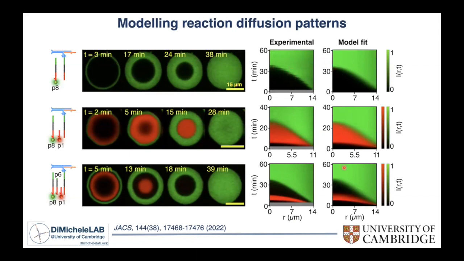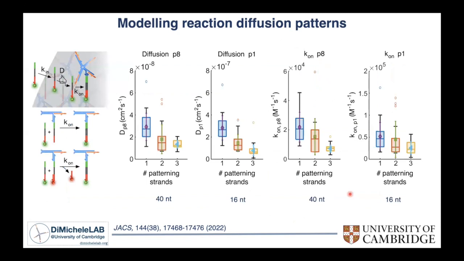The model does a good job fitting this data, as you can see, for 1 strand, 2 strands, and 3 strands. And you can use this model to extract useful parameters like the diffusion constants of the strands, which follow trends that make sense based on the length of the strands, as well as the binding and strand displacement rates.